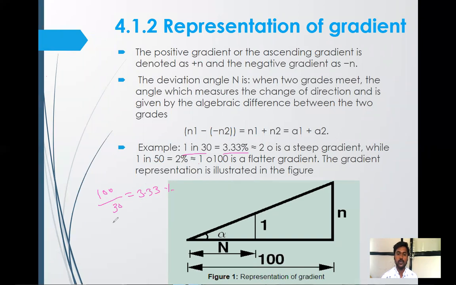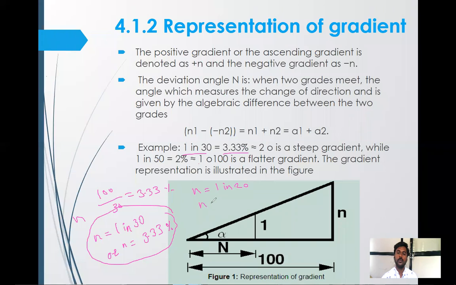Like this, gradients are indicated. The slope is indicated in these two ways: it might be written as 1 in 30 or it might be written as 3.33%.